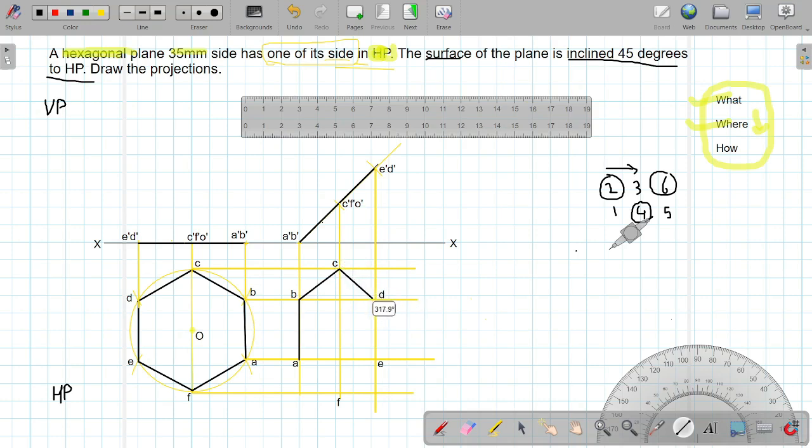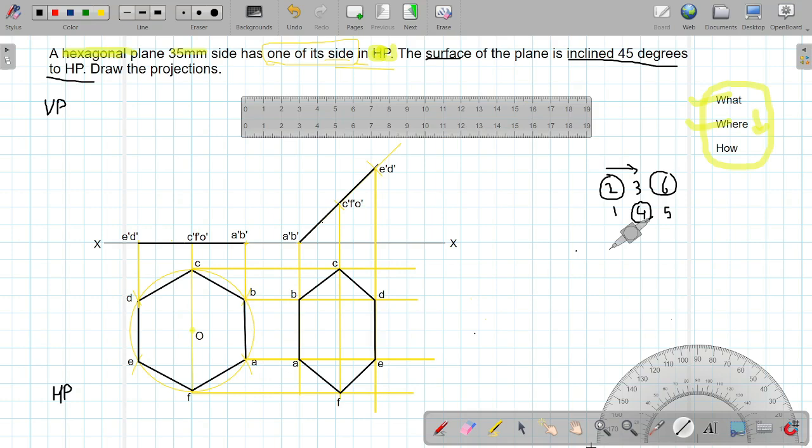Then from C to D, then D to E, E to F and F to A. So this completes the construction part.